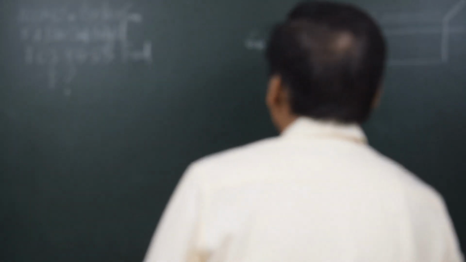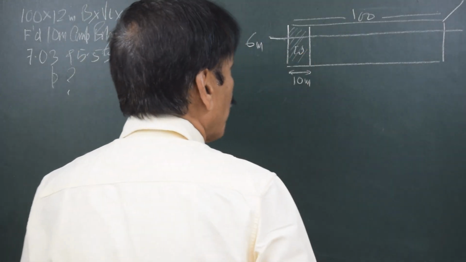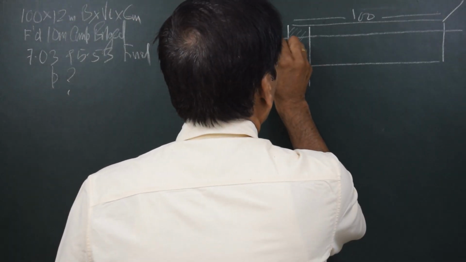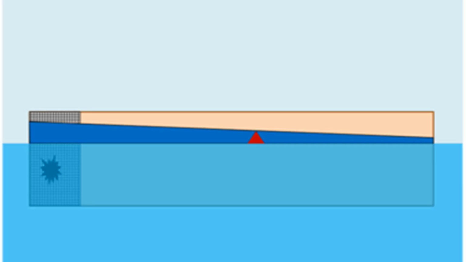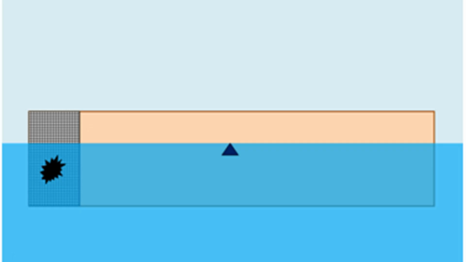And after damage, of course, there will be trimming of the vessel afterwards. And the final drafts which were found were 7.03 here and 5.53 over here. This is 7.03 and that is 5.53. Now, what actually happens is, the vessel was floating at the line that you see, a 6 meter even keel draft.